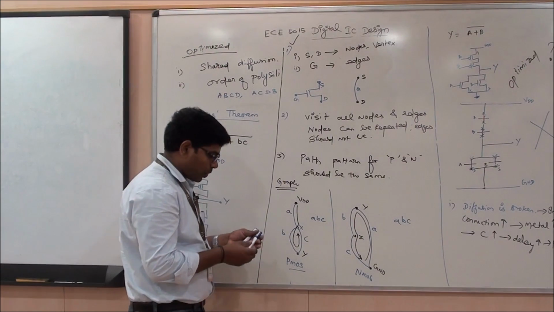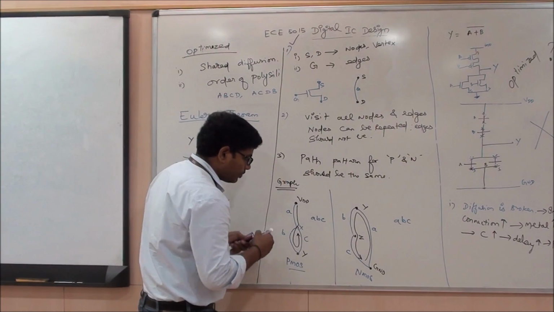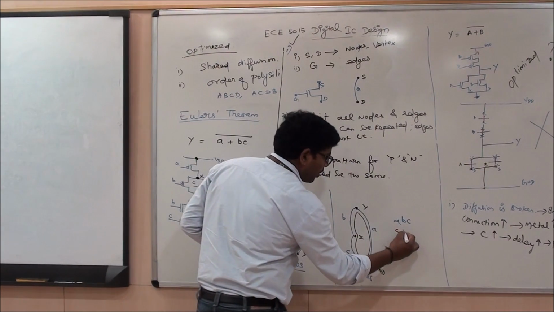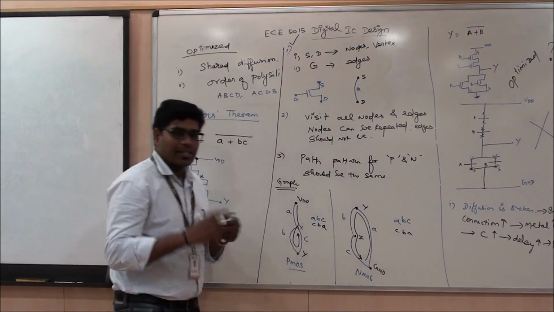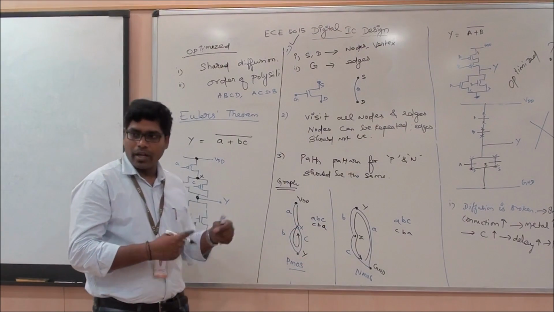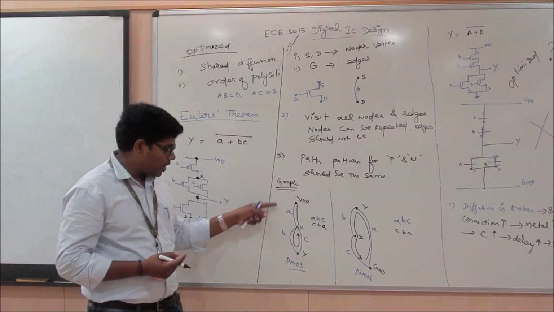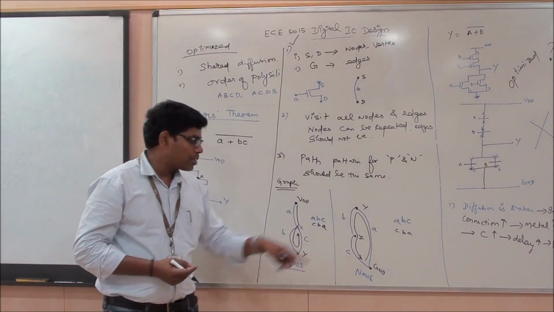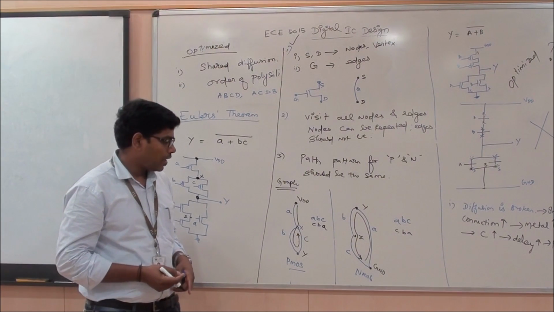Yes, that's also possible. So I can have C, B, A. Remember, it's a cyclic thing. You can keep on rotating that order. So here A, C, B. This could also be a solution, right?